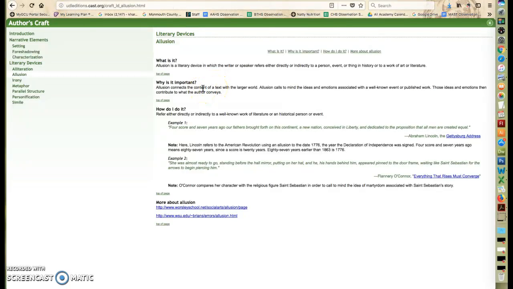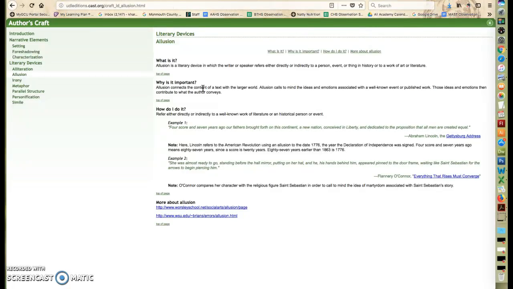That's the way we analyze, not only by identifying patterns in literature and those literary devices that authors use, but you have to be able to talk about why that is important. So why is it important that the author used an allusion?